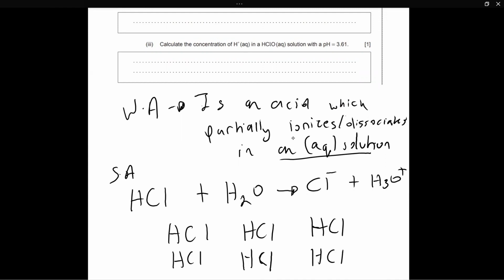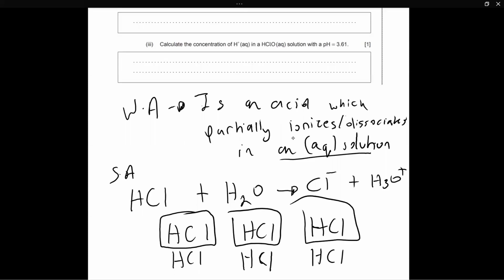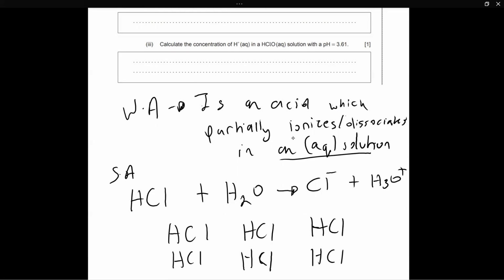I'm not going to draw all 10 of them, but over here we just have 6 because I'll run out of space. Now, each and every single one of these HCl molecules, when they react with water, all of them are going to dissociate. They are all going to dissociate.